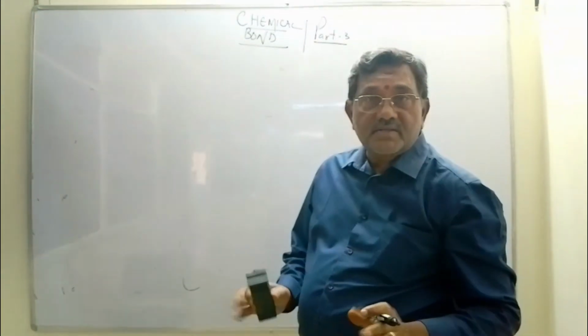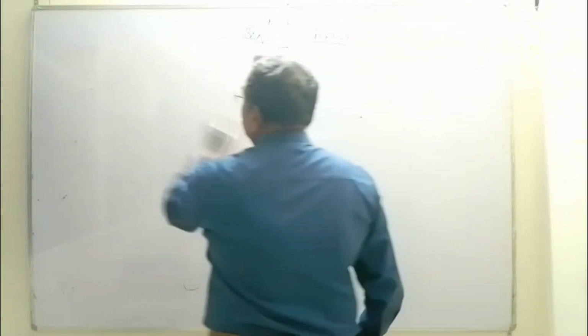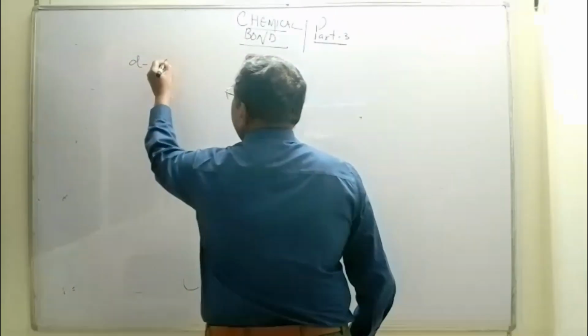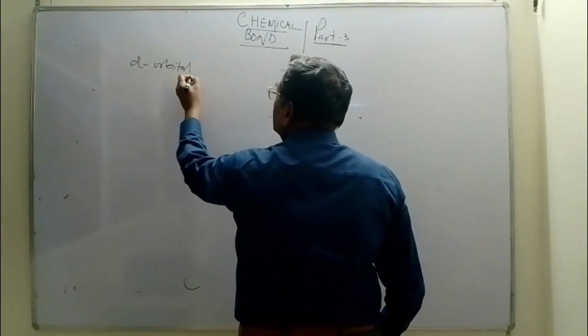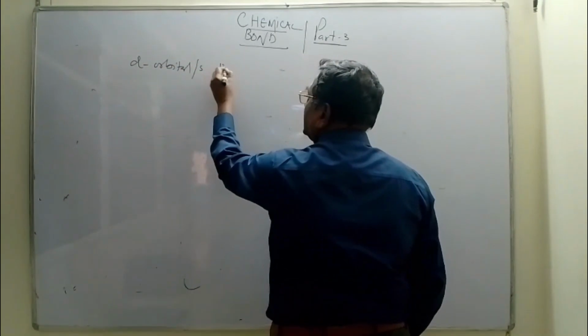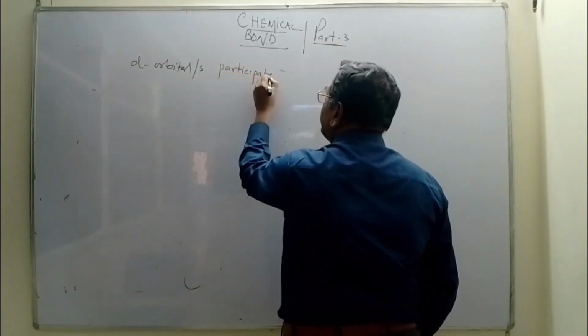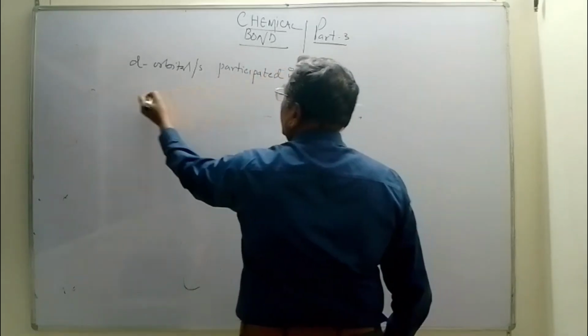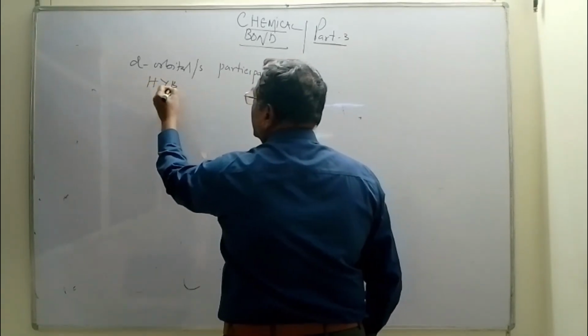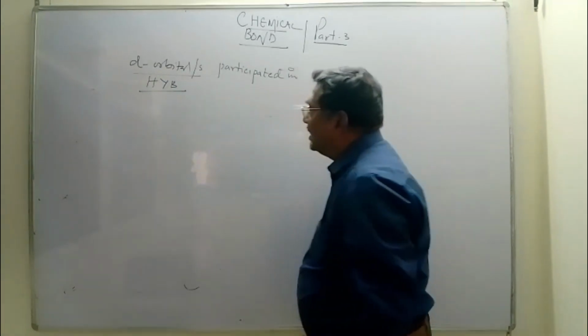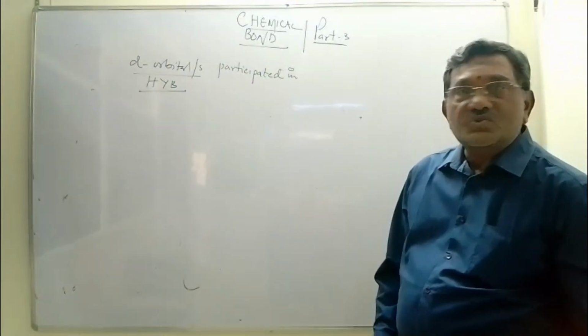Right, children? Listen. What is the d orbital, or orbitals, participating in hybridization?